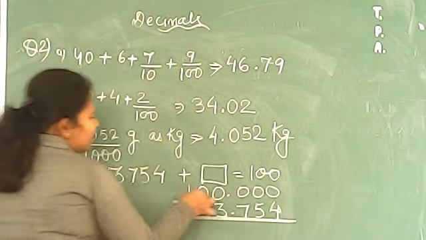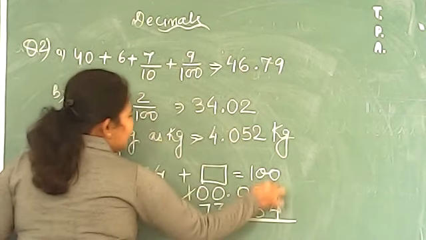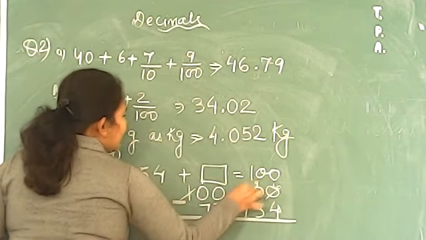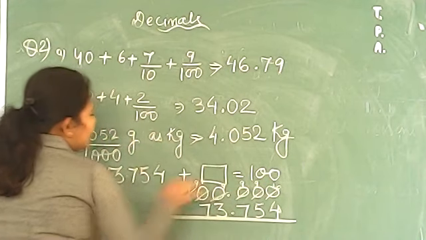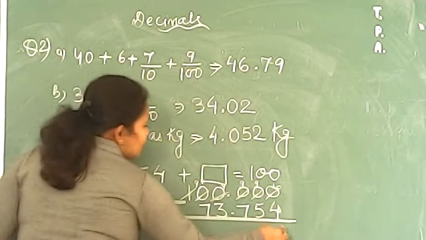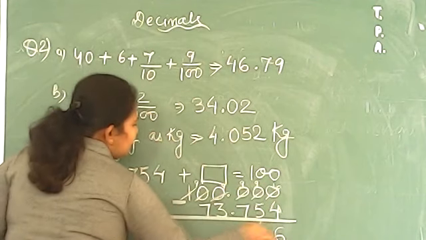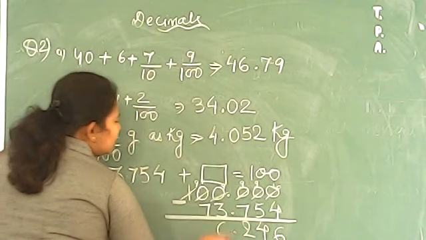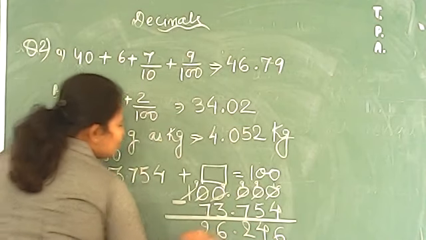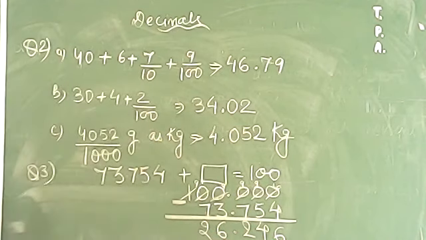Now here you will borrow, so it will be giving you 10, this will be giving you 9, this will be giving you 9, and 9. 10 minus 4, 6; 9 minus 5, 4; 9 minus 7, 2; 9 minus 3, 6; 9 minus 7, 2. So 26.246 would be the answer for this question.